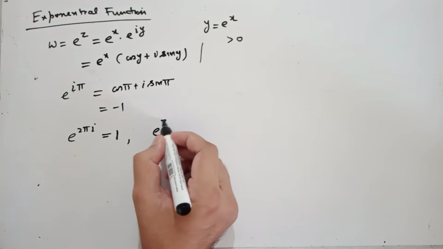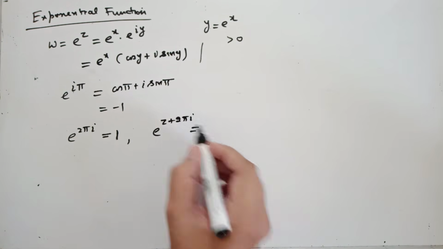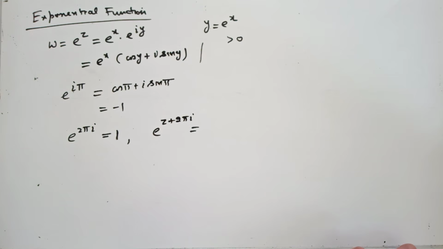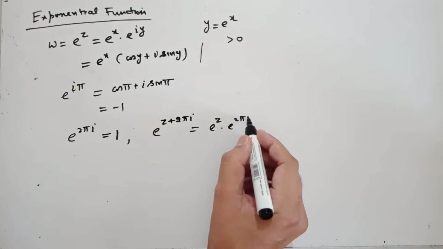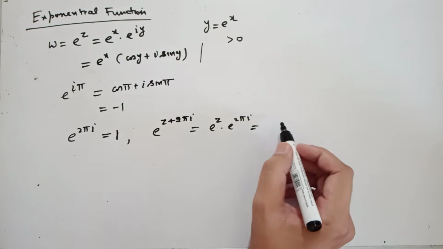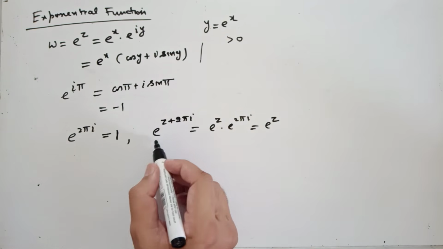From this, we can further calculate this expression. It can be written as e power z into e power 2 pi iota. So because e power 2 pi iota is 1, so it is e power z. What does it mean?